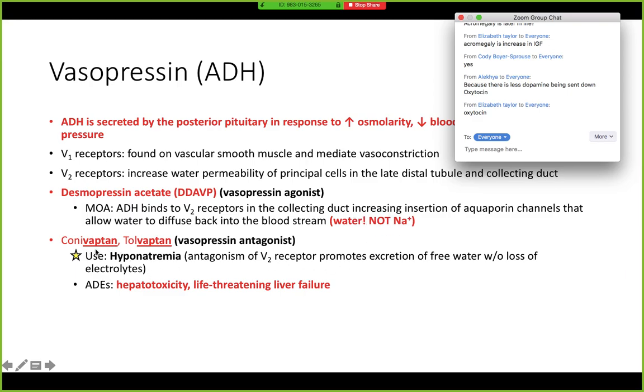And then conivaptan and tolvaptan. Those are your two drugs that are used to treat hyponatremia.